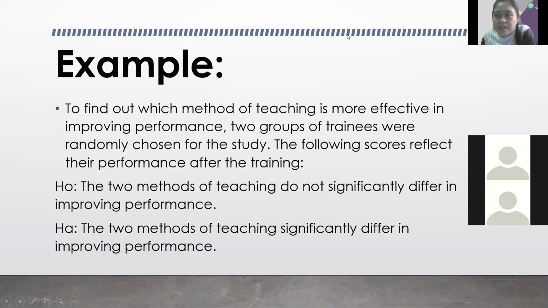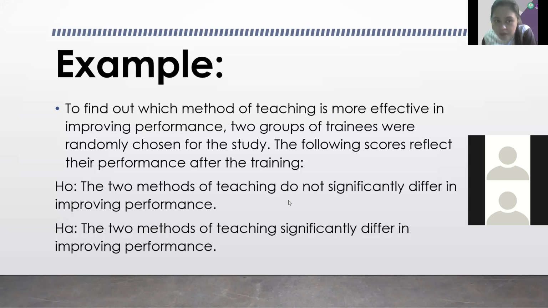So are we going to use a two-tailed or one-tailed test here? Just like in the Ztest class, the Ttest also has two-tailed and one-tailed. Okay, very good. This one is non-directional. Therefore, we're going to use a two-tailed Ttest here.